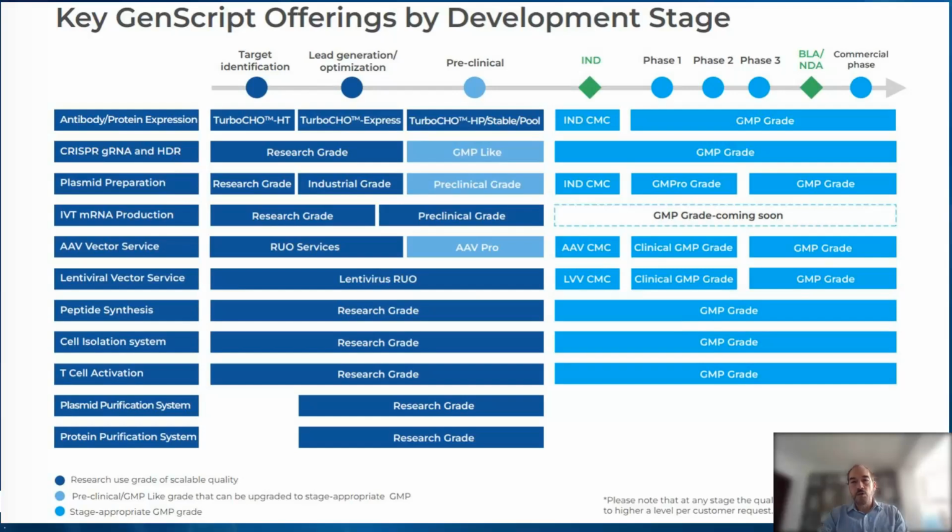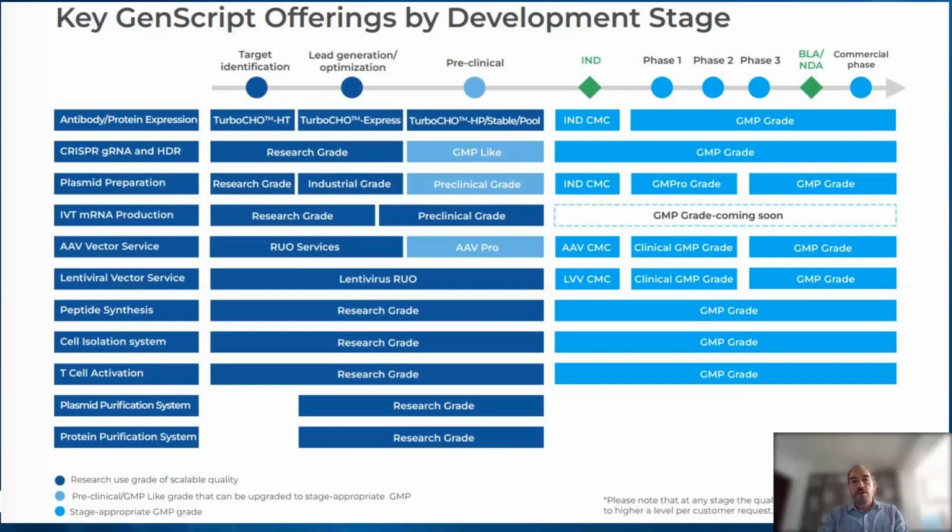This is just a short overview of all the services and products that we offer. In summary, we are highlighting some of the key services and products because we have too many to show on a single slide. You can see that for antibody and protein expression production, we can support everything from the early research stage to preclinical, then IND filings, clinical trials and clinical manufacturing.